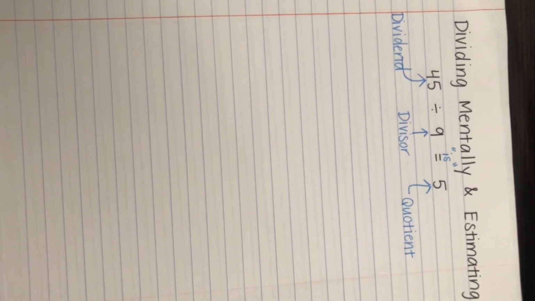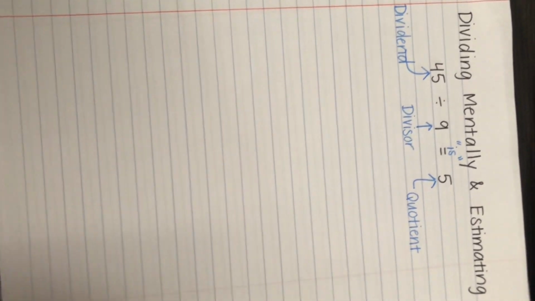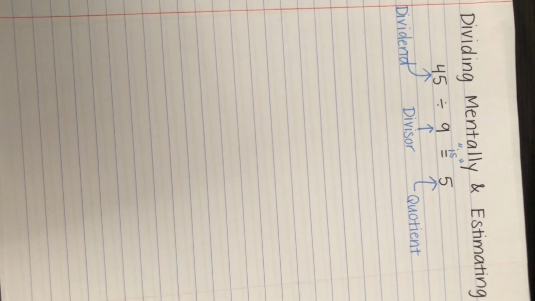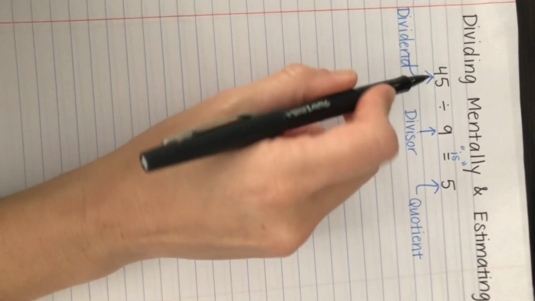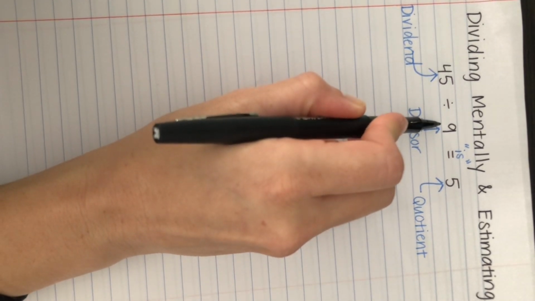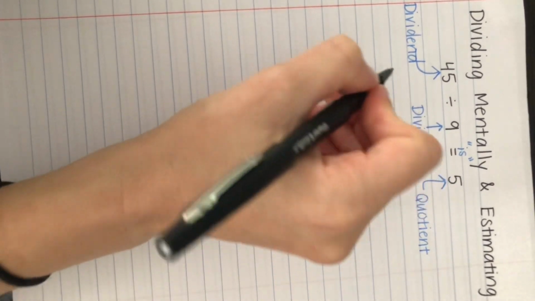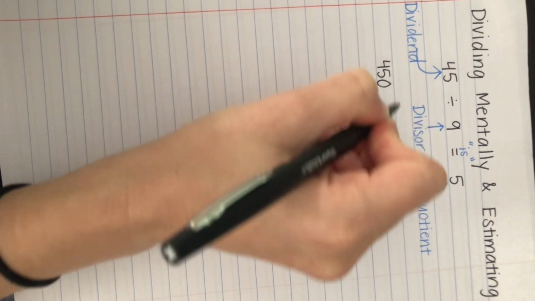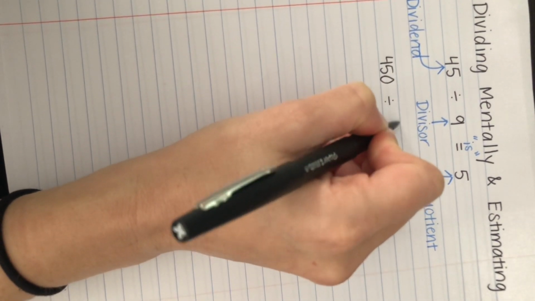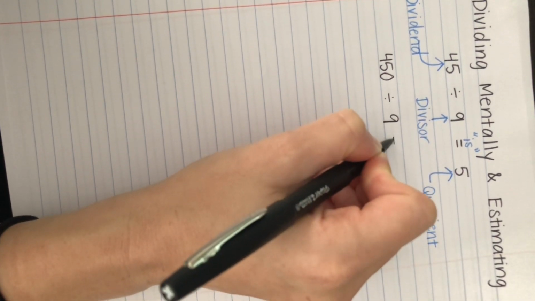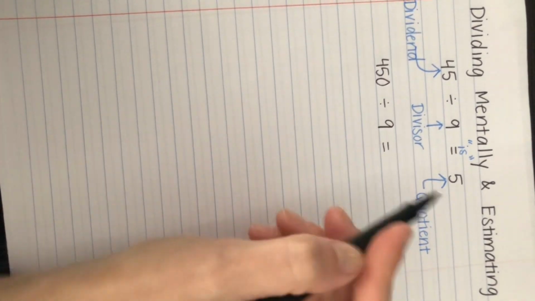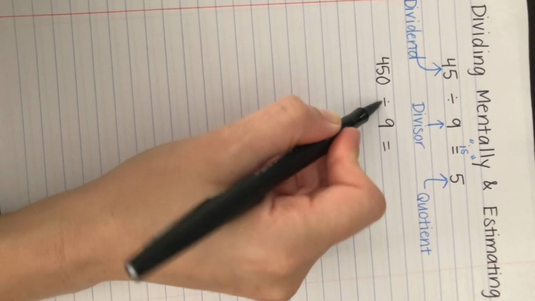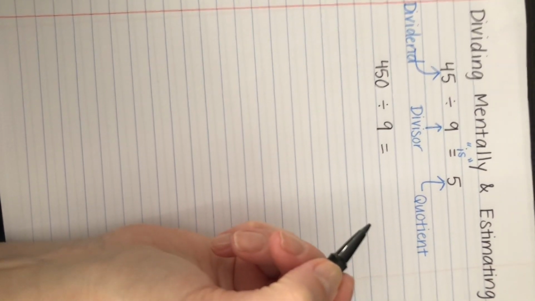When we take this and apply it to the larger numbers, since in 4th grade we go up to 4-digit dividends, that means that if we know that 45 divided by 9 equals 5, then 450 divided by 9 should equal something that's similar to this using our properties that we use for our multiplication as well.